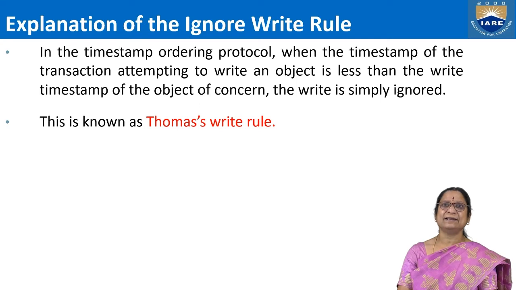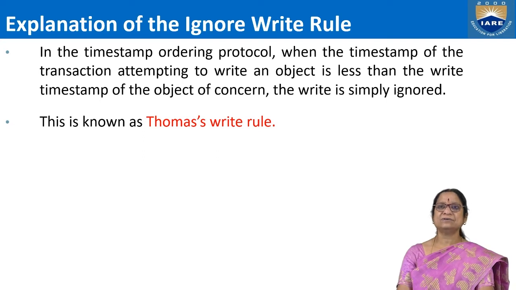These are the various solutions suggested, but one solution is known as the Thomas Write Rule. In the timestamp ordering protocol, when the timestamp of a transaction attempting to write an object is less than the write timestamp of the object concerned, then the write is simply ignored.